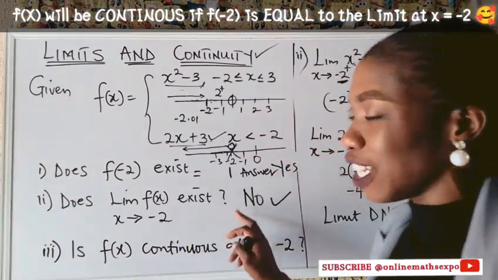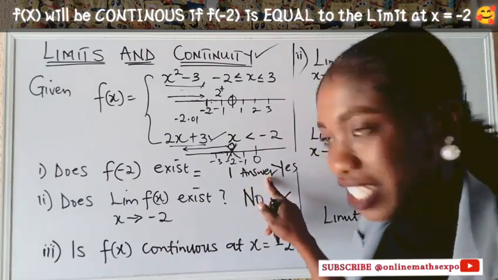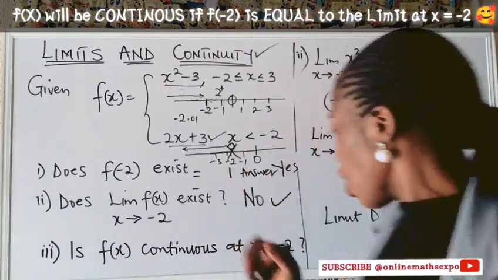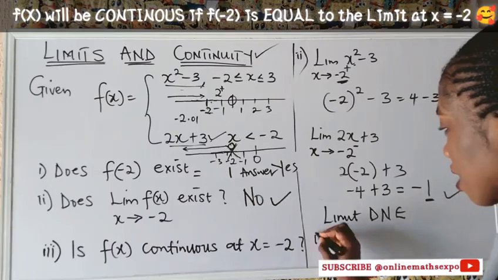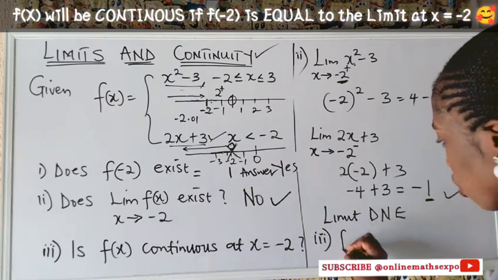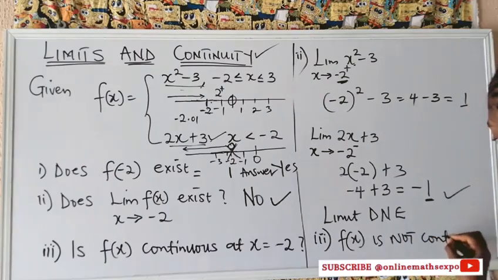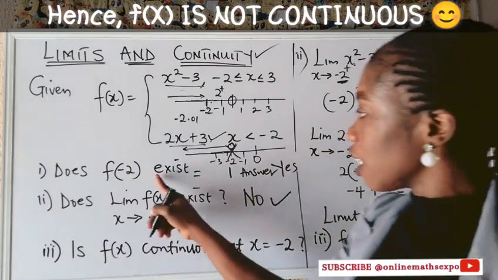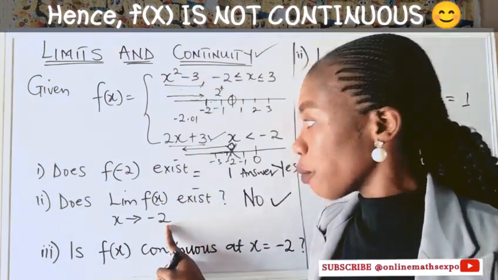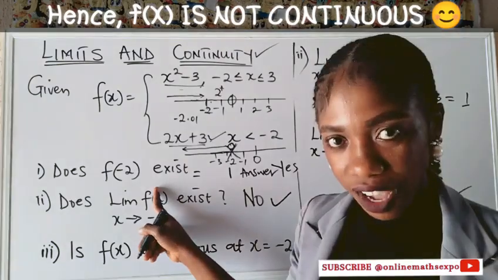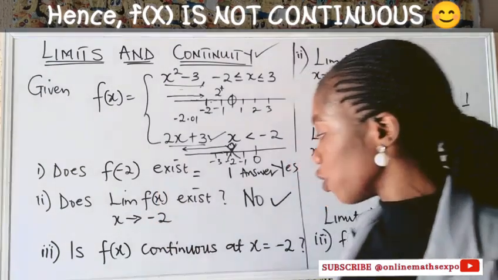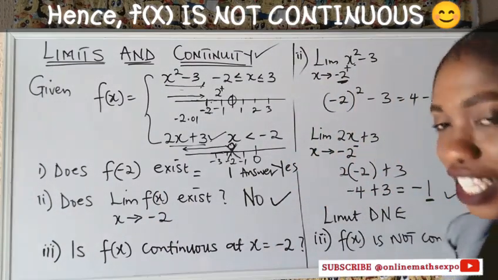But if you look at this, the limit does not exist, but the function is defined. So what can you conclude? Our conclusion here is that this particular function, f of x, is not continuous. I hope that is clear. It's not continuous because the limit does not exist, but the function is defined. So in that case, we conclude that this particular function is not continuous.